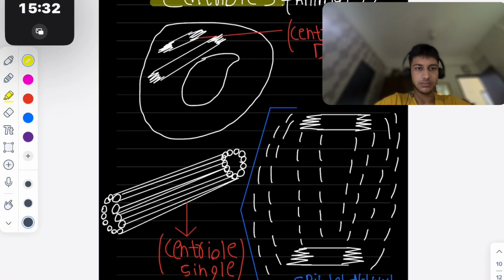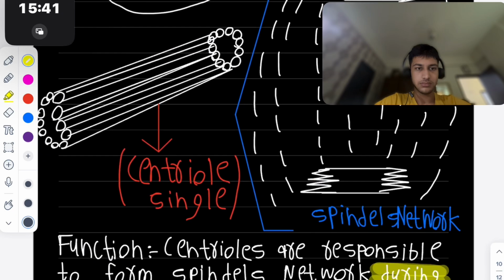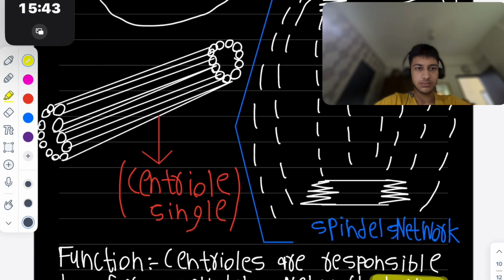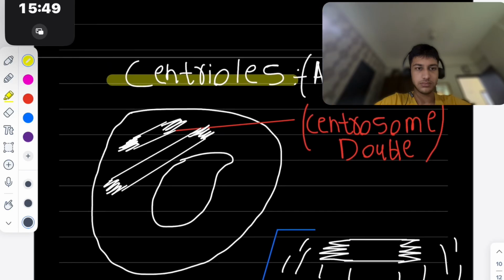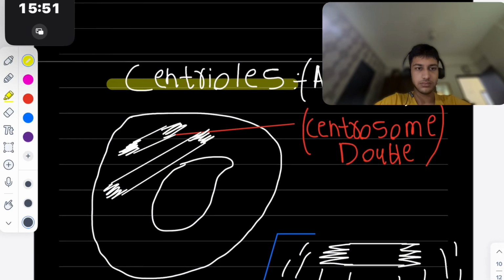First we are going to understand the structure of centrioles. When you see a single centriole like this one, it is called a centriole. But when you see two centrioles at once, you call them a centrosome.